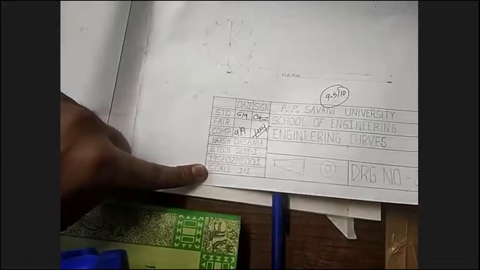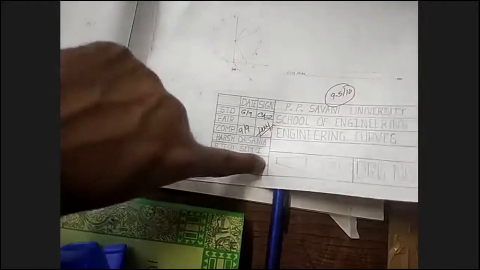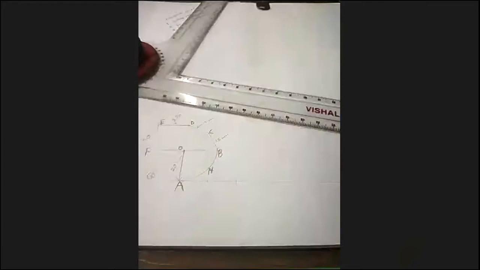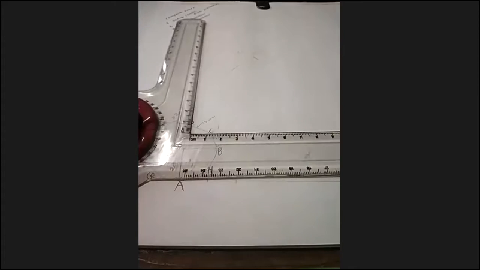Two important things are there: one is the scale, what scale you use, and the other is the note that all dimensions are in mm. We deal with dimensions in mm. So this is not 13.2, it is 132.8. So we will draw that much long line.